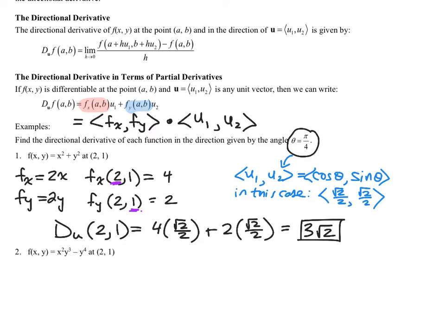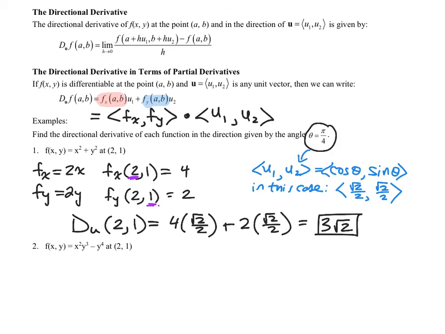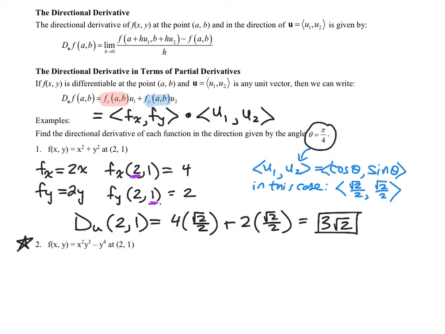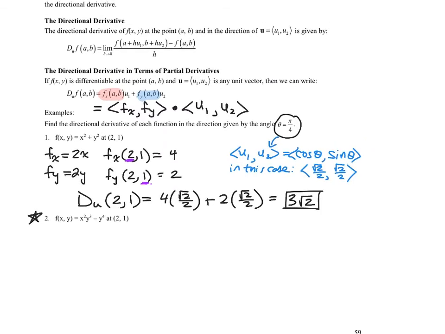If I wanted to not make that restriction, if I want to have a function that would tell me what my rate of change or my steepness is for any value of theta, then we could leave it in general terms and work off of there. So we can create functions out of this, and that function would be known as the gradient. There's more to it, but that's enough to whet your appetite, I think. I'm going to put a star on number 2 so you can at least practice that skill, and then we'll pick up with this next class.